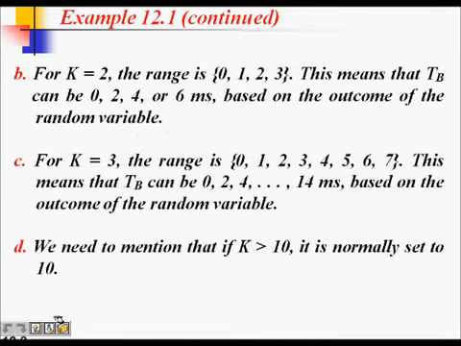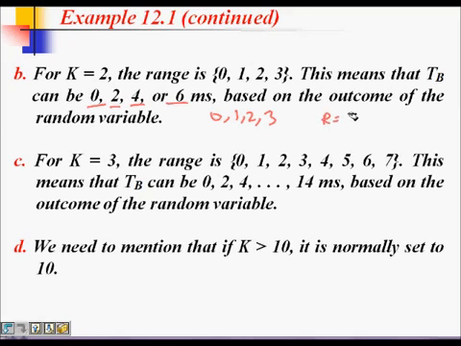But what happens if your k is equal to 2? Then I have values from 0 to 2 to the power of 2 minus 1, which is 0, 1, 2 and 3. This means that TB can be either 0, 2 milliseconds, 4 milliseconds or 6 milliseconds. So if your random number was 3, you will wait 2 into 3, which is 6 milliseconds.